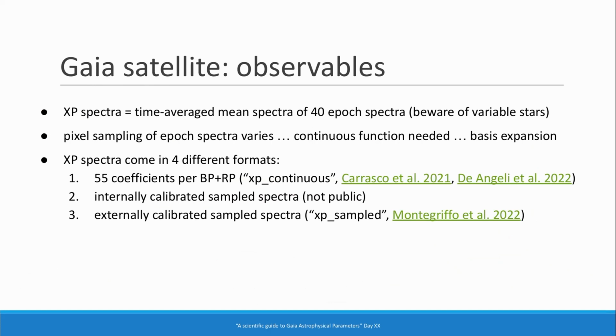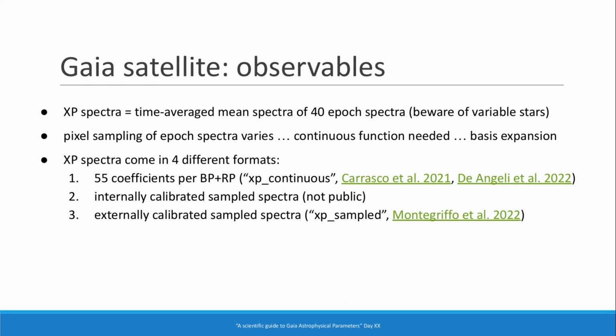To say that in a somewhat polemic way, no two epoch spectra of any two sources will ever have the same pixel sampling. And as a result, we cannot just stack these epoch spectra. If we would just stack the epoch spectra, we would lose a lot of information. In particular, we would lose wavelength resolution.